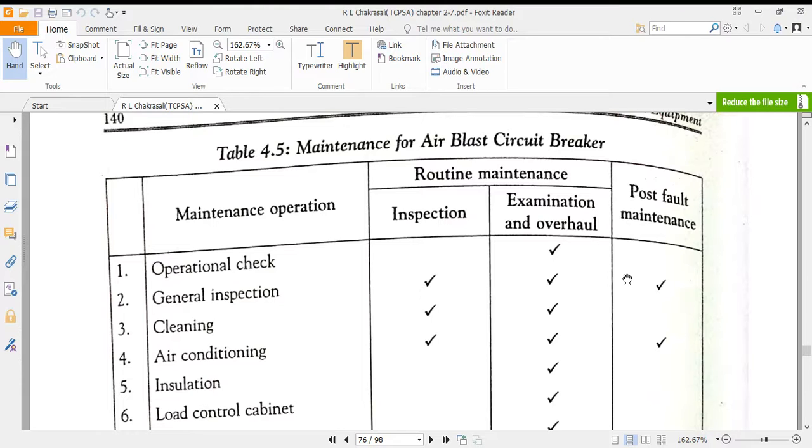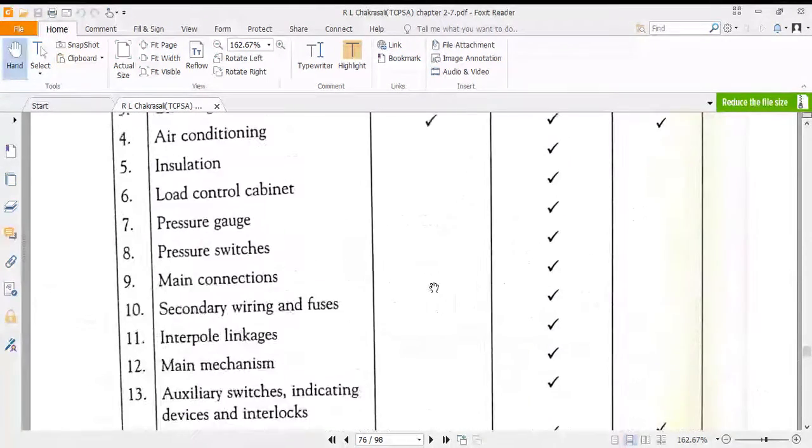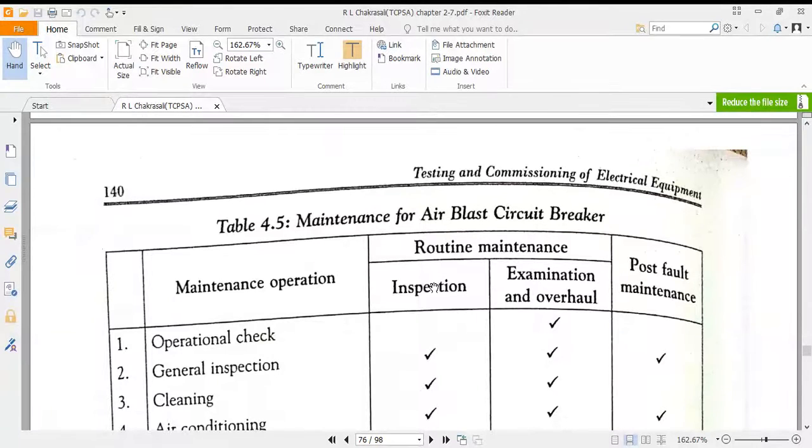I think it's better to make a complete table having serial number, maintenance operations. Yes. There are three types of circuit breakers: one is the SF6, vacuum, and air blast.